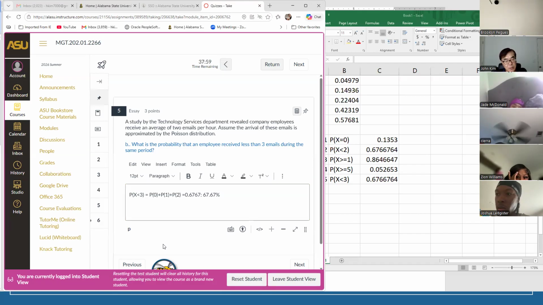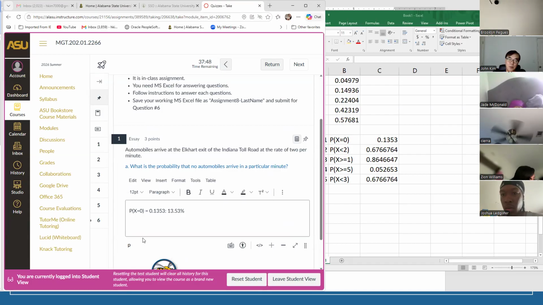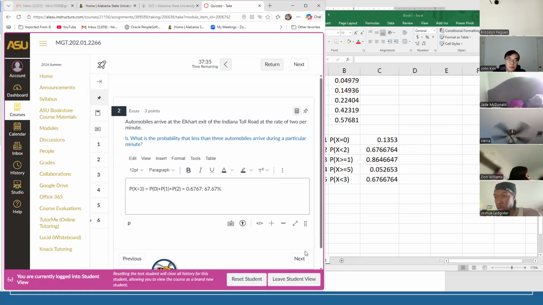Okay, when you take the next exam, exam 2, the answer format is standard. If you don't follow this standard format, then you will lose points.